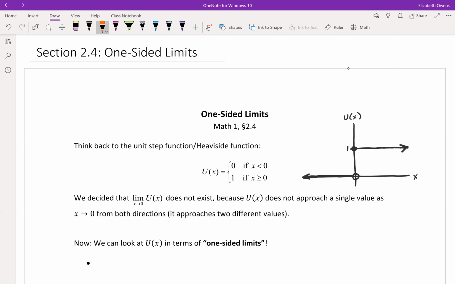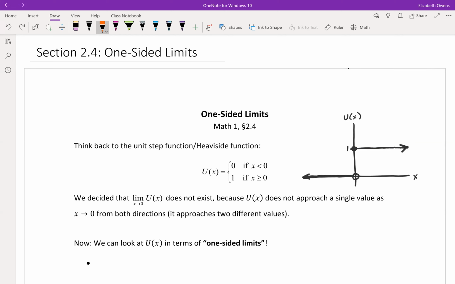If you'll recall, we would put our fingers on either side of that point and bring them closer and closer together. And we would see that it doesn't arrive at a single y value, a single limit there. So we said the limit didn't exist because those two halves just didn't come together.